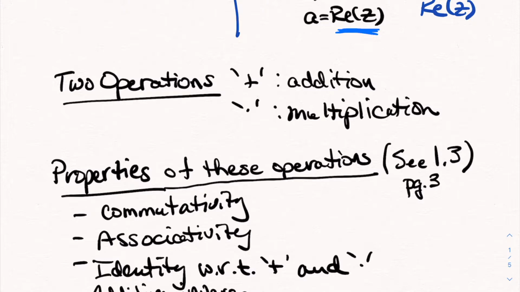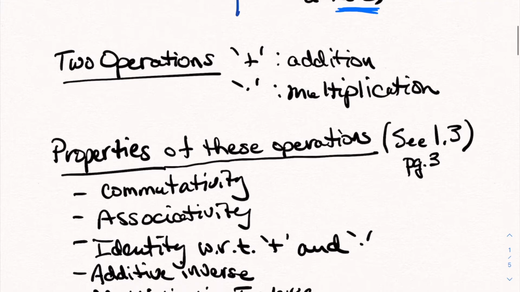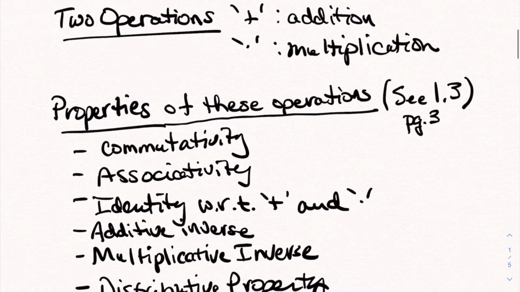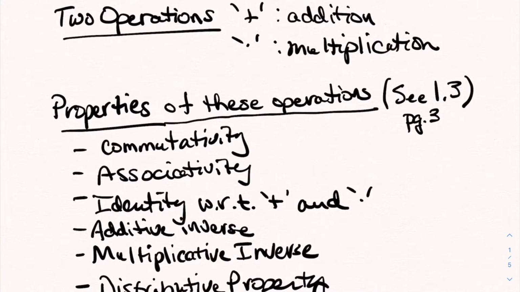And so go through and read your textbook, the proper definitions of how you add and then how you multiply two complex numbers together. Those two operations satisfy several properties, and I've written them down very briefly here. Take a look at those on page 3 of your textbook.